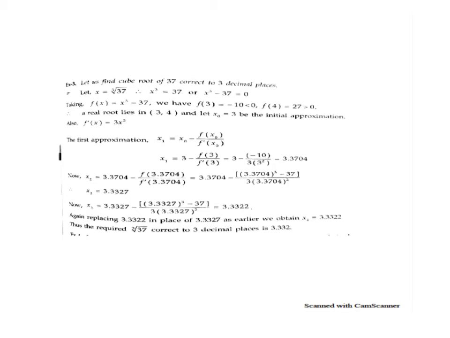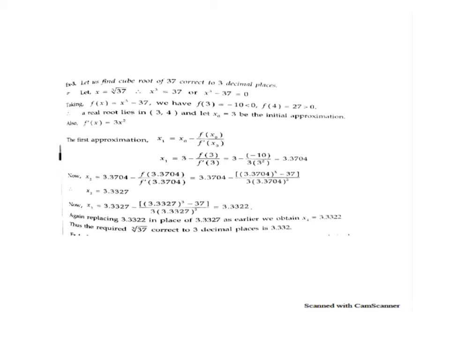That is 3 into 3 square. So we put this value in the formula, that is x1 equals 3 minus of minus 10 divided by 3 into 3 square.